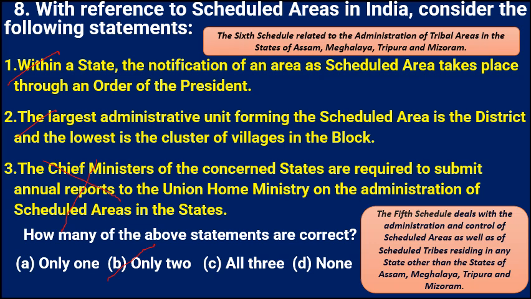Second, compactness and reasonable size of the area. Third one, underdeveloped nature of the area. Fourth one, marked disparity in the economic standard of the people as compared with the neighboring areas. These are the criteria for an area to be recognized as a scheduled area.